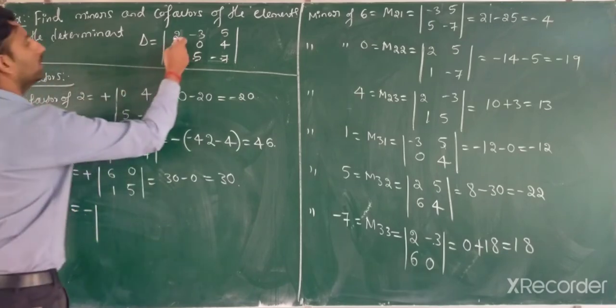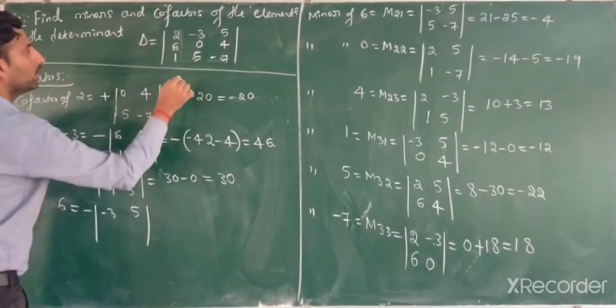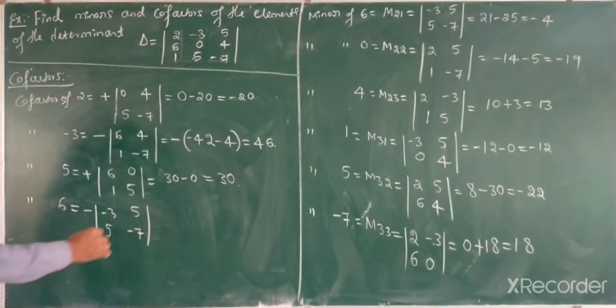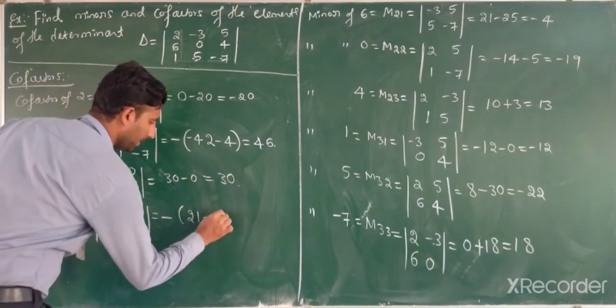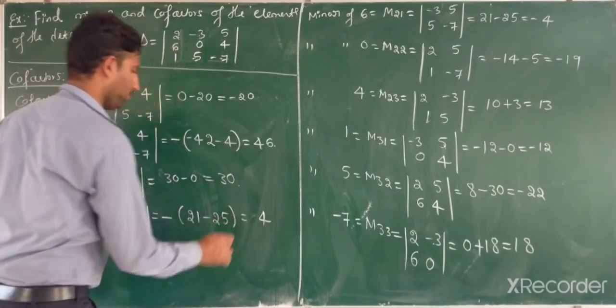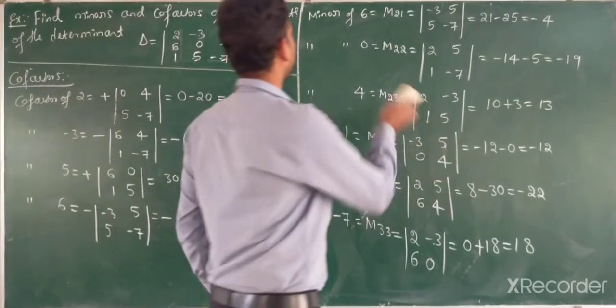After that, minus 3, 5, 1 minus 7, which is nothing but 21 minus 25, which is equal to minus 4. Sorry, minus of minus plus 4. 21 minus 25 becomes minus 4. Minus of minus becomes plus 4.